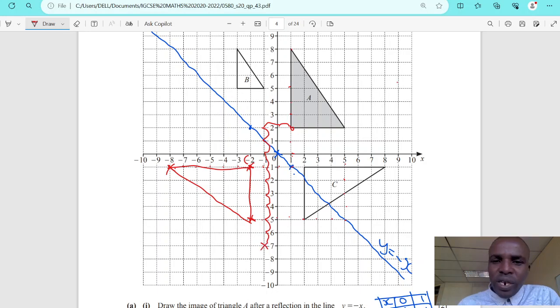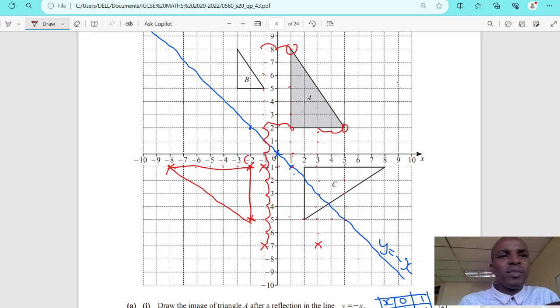Then next point is this one. -2 in x, 1 2, then 9 going downwards. 1 2 3 4 5 6 7 8 9. It's here. Then the last point, this one, 1 2, then 9 going downwards. 1 2 3 4 5 6 7 8 9.